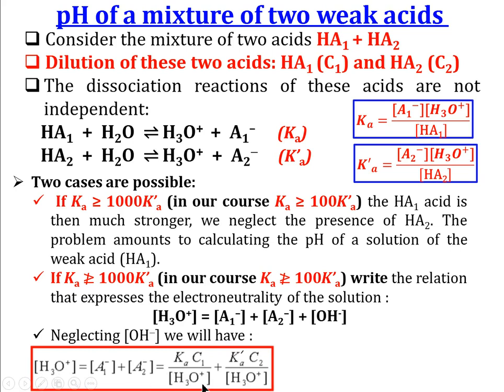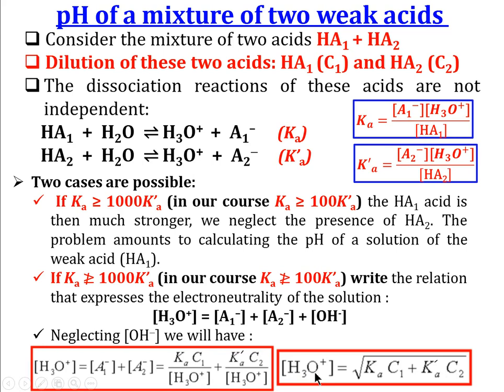So H3O plus squared equals Ka C1 plus K'a C2, and H3O plus in the final solution will be equal to the square root of Ka C1 plus K'a C2. Knowing H3O plus in the final solution, we can calculate that pH equals minus log H3O plus, equal to minus log of the square root of Ka C1 plus K'a C2.